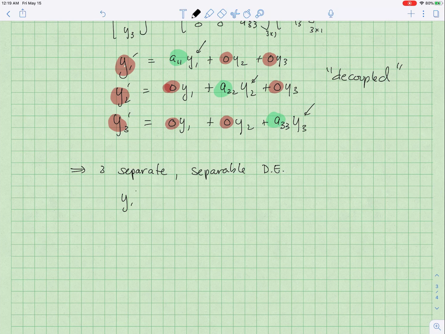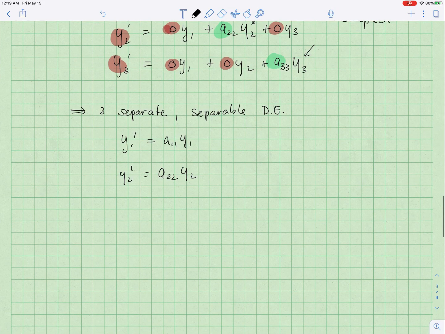That is to say, y1 prime is equal to a11 y1, y2 prime is equal to a22 y2, and y3 prime is equal to a33 y3. And each one of those can be solved very simply. Either you can look at that and say, I'm looking for a function such that when I take its derivative, I get back a constant multiple of the function I started with, or you can simply separate this.